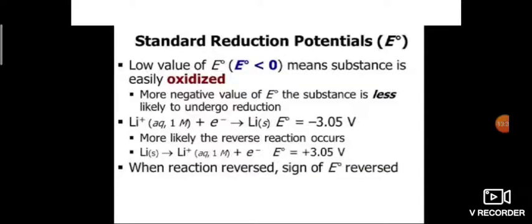A positive E means that the redox couple is a weaker reducing agent than the H+ couple. A more negative value of E means the substance is less likely to undergo reduction. So depending upon the standard electrode potential, it is decided whether oxidation or reduction takes place. This part you need not go into very deeply, you can just read the textbook, that alone is enough.